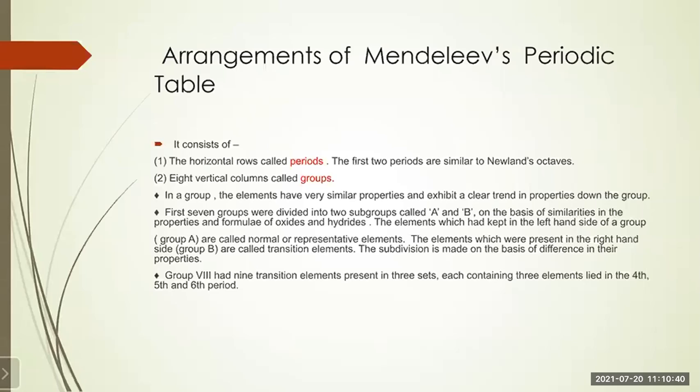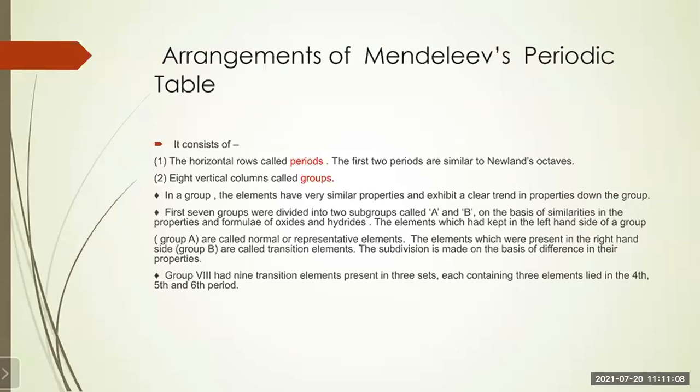Now the first 7 groups were divided into 2 subgroups, A and B, on the basis of similarities in the properties and formulae of oxides and hydrides. The elements kept on the left-hand side of a group, group A, are called the normal or representative elements.